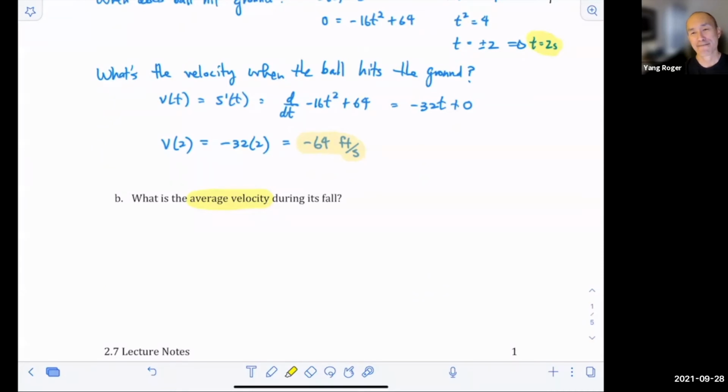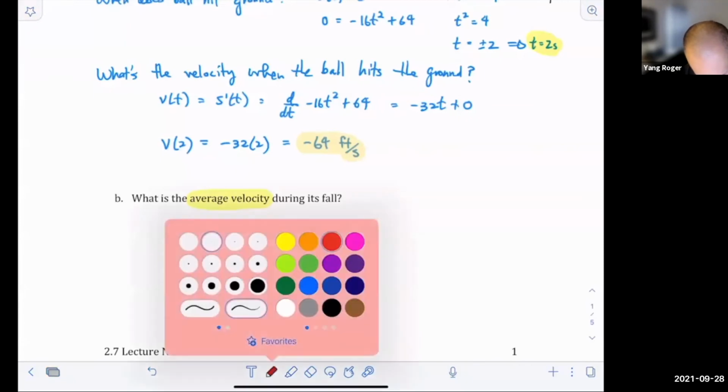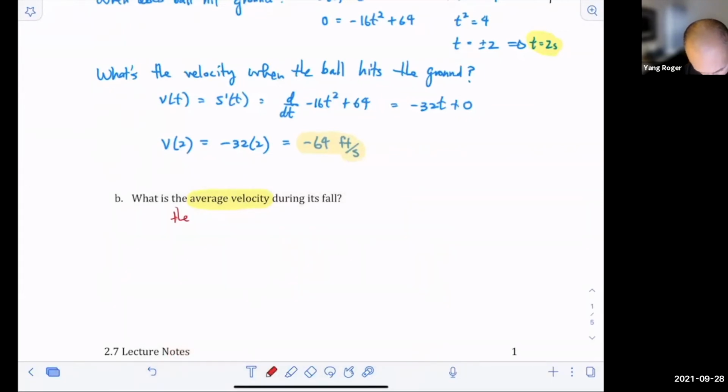Any thoughts? When I see average velocity, I immediately think slope of the secant line.